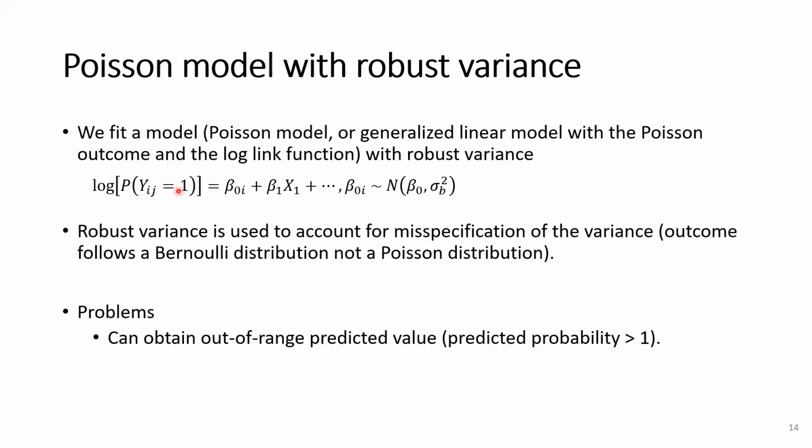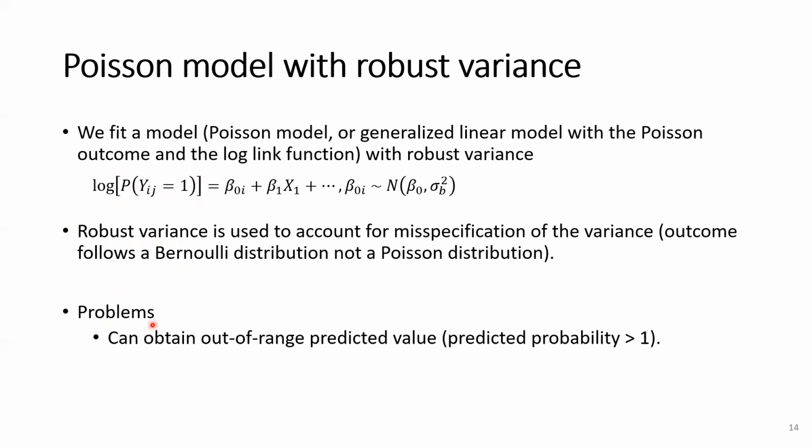So there's a problem here. And at least the variance is going to be different, because the variance structure depends on the assumption we make about the distribution of the outcome. Because of it, we need to couple it with this robust variance estimation so that we can fix the misspecification of the variance.